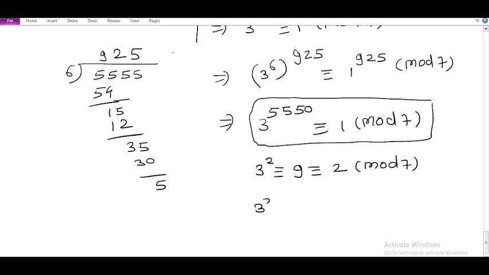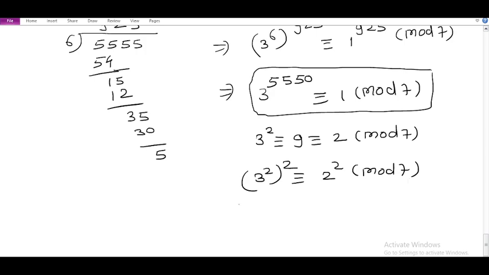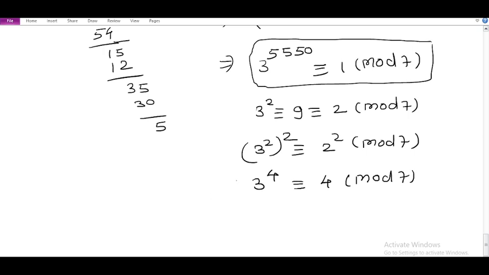So 3 raised to 4 is congruent to 4 modulo 7. And if we take one more power here, 3 raised to 4 into 3 is congruent to 4 into 3 modulo 7.